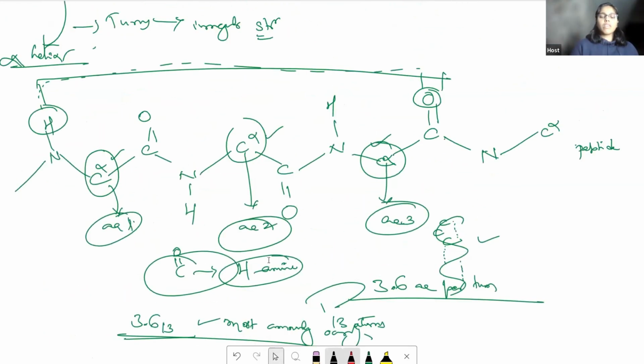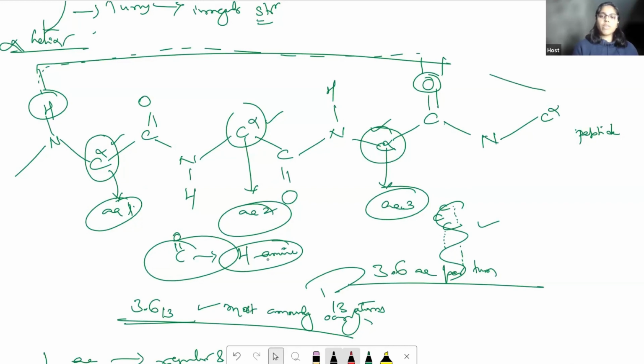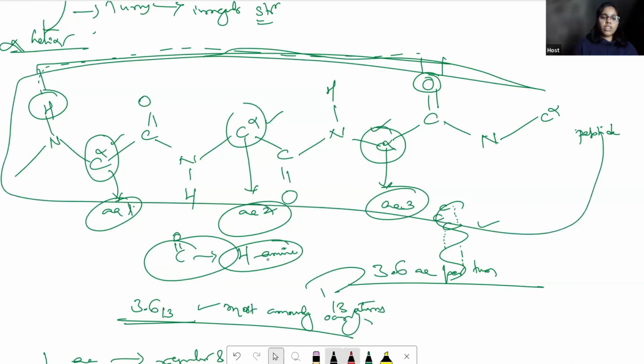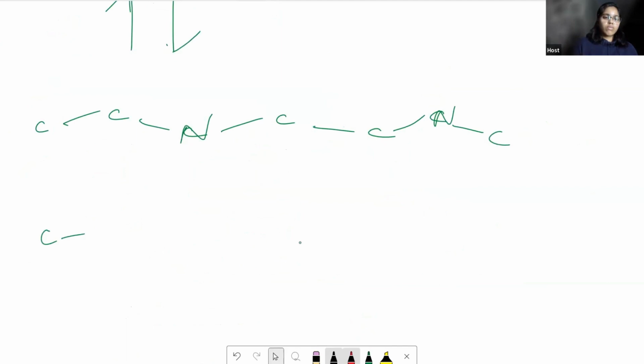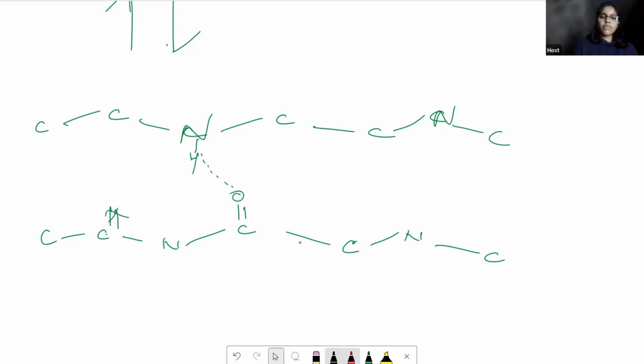It will look almost like this: take this amino acid chain, and if you have another amino acid chain over here, another amino acid chain over here, you will have the hydrogen bonding between the double bond, this and this. It would look like that.